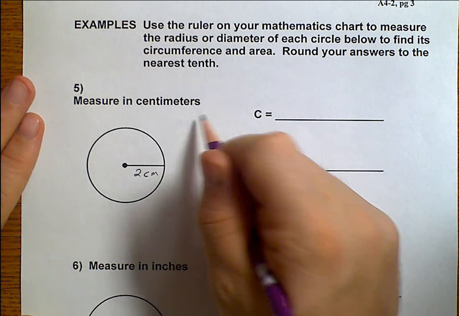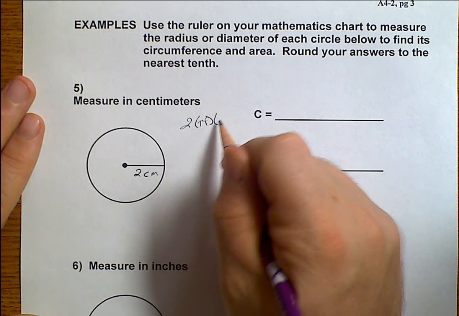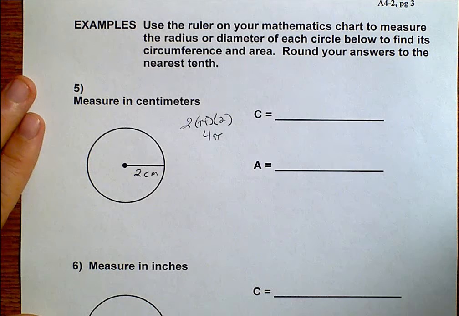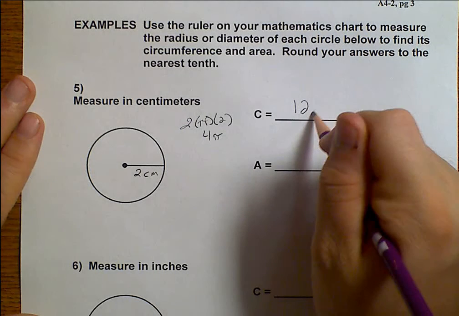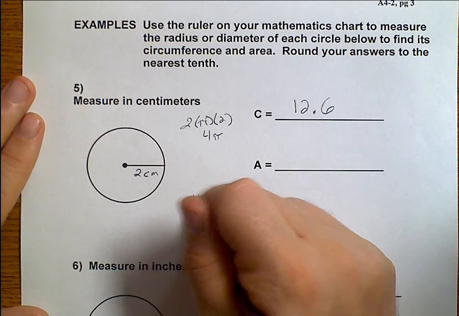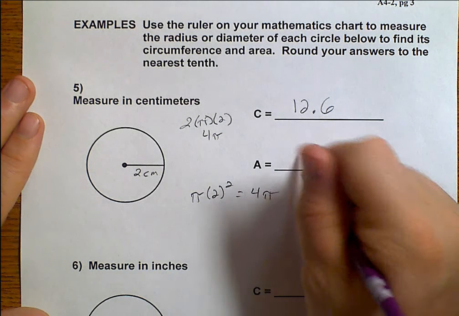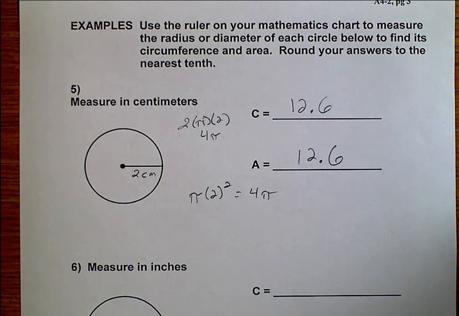So 2 times pi times my radius is 4 pi, and 4 pi is 12.6. Area would be pi times that squared, which is also 4 pi, so it's also 12.6. They just happen to be the same because the radius was 2.